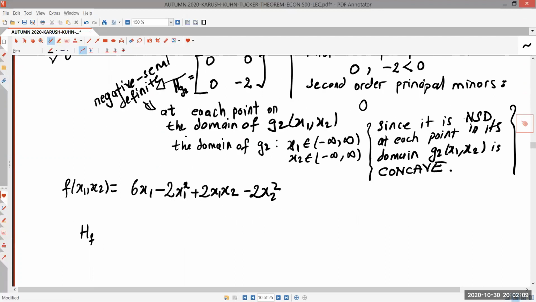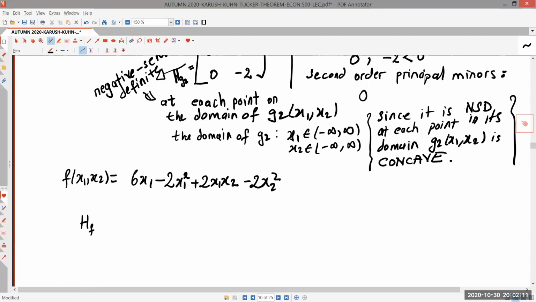Hessian matrix. And let us look at the Hessian matrix of F function, and that is also a nice one. And the Hessian matrix is -4, 2, 2, -4. I will first check the leading principal minors, the first order ones.